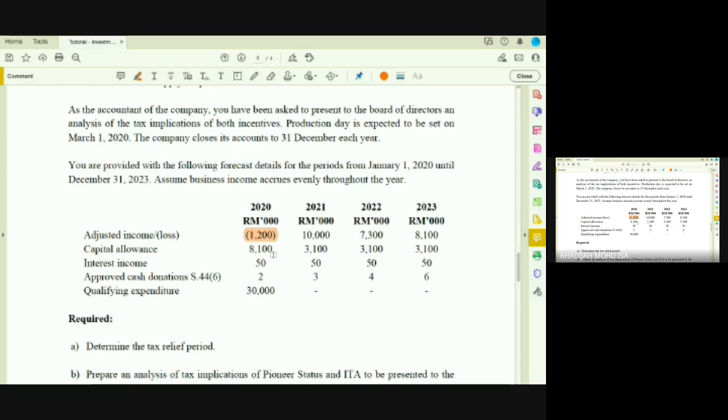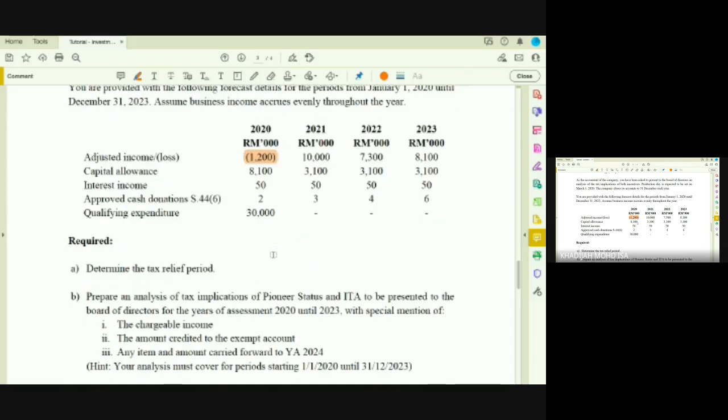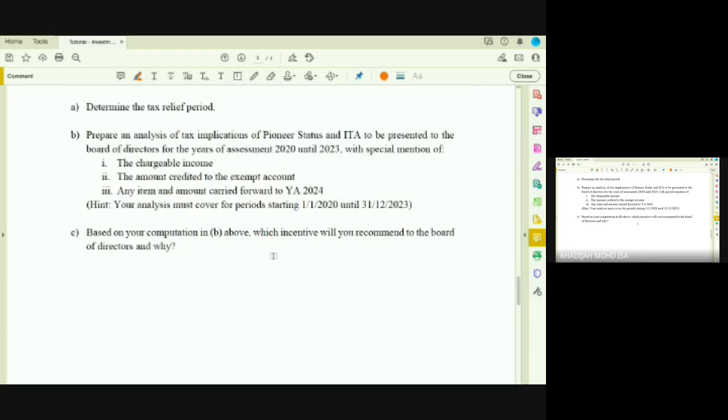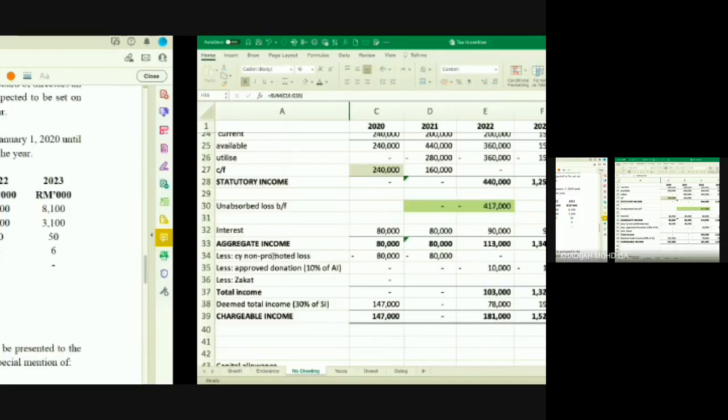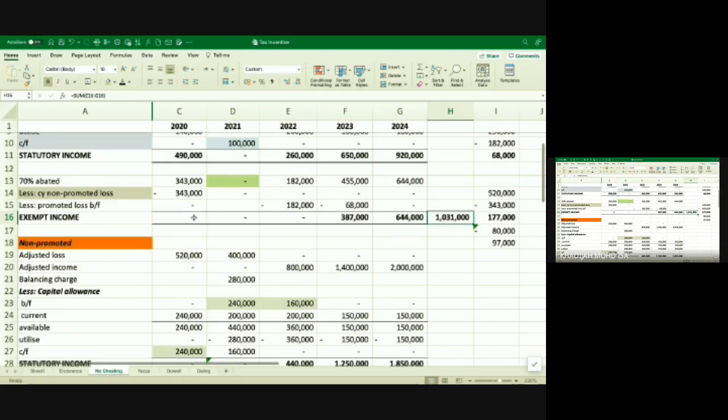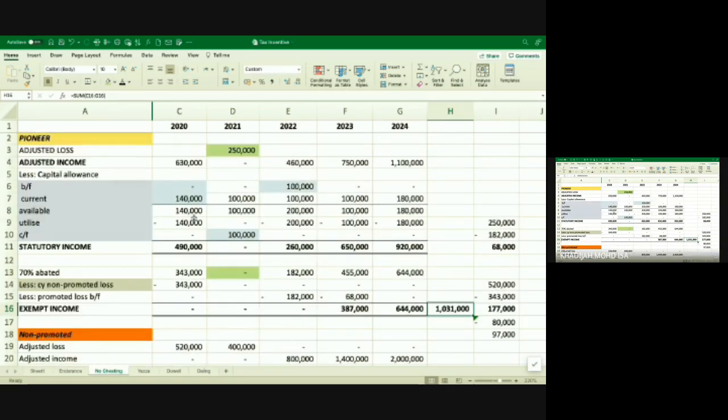So you are required to do a computation from 1st January until 28th of February, that is 2 months, and then 1st March until 31st of December, which will be the pioneer period. So you have the pre-pioneer and the pioneer period. You must show that computation, and then using the same format, you do the tax computation accordingly.